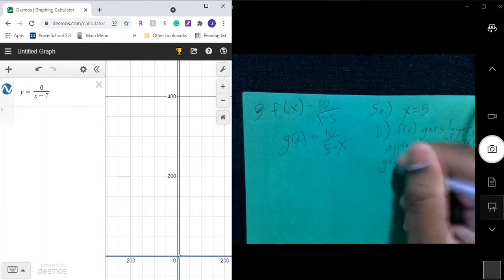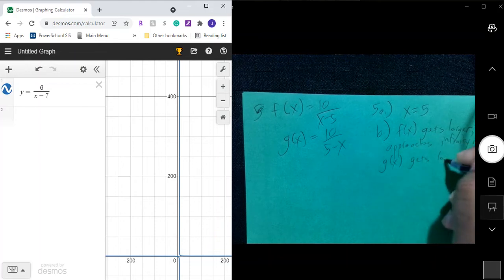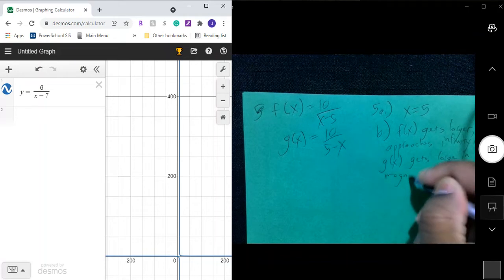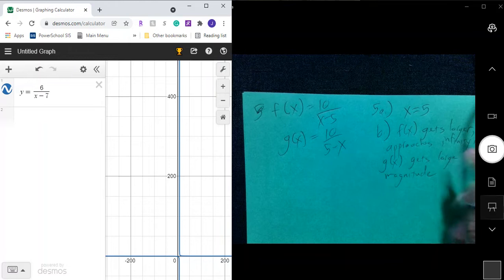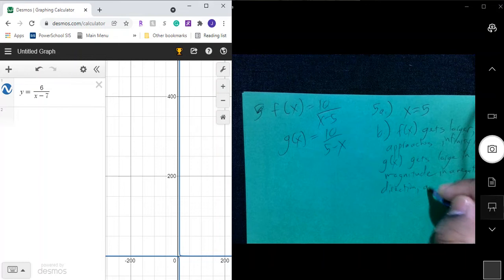G of x gets large in magnitude in a negative direction, approaching negative infinity.